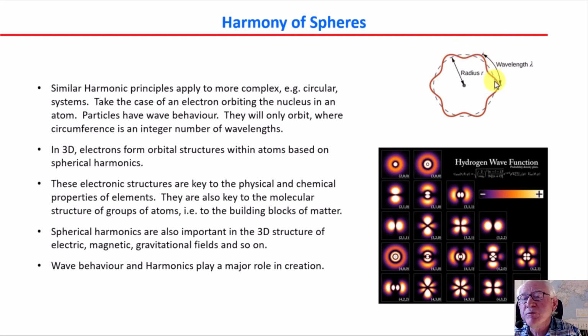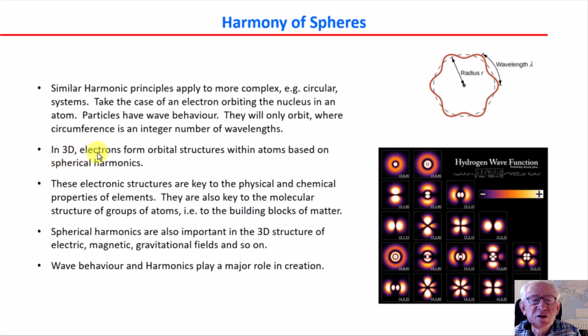So this is similar to the principle of the guitar strings, only accommodating certain waves where you can fit a fixed number of oscillations within the length of the guitar string. Very same principle. So only certain orbits are possible that meet this requirement, where we get a fixed number of oscillations around, or wavelengths around the orbit or the circumference of the circle.